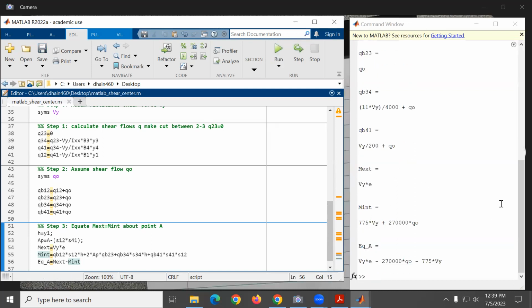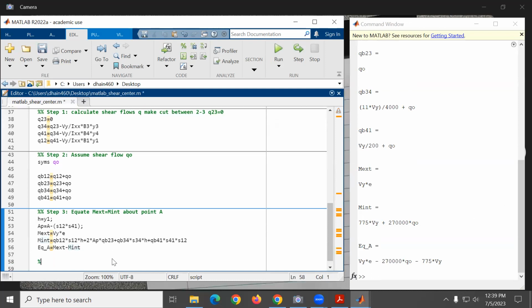Okay. All right. Then step 4. Step 4 is at shear center, no torsion. So we have d theta dz equal to 0, no?